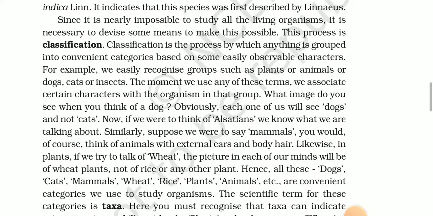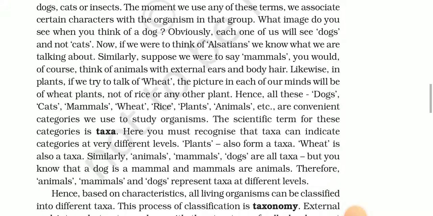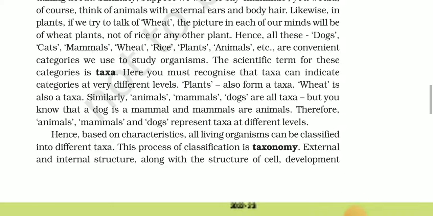Among mammals there are dogs. Among dogs there are different breeds like Alsatian. The scientific name we use for these categories is taxa. Taxa can indicate categories at different levels, so animals, mammals, dogs all represent taxa at different levels.